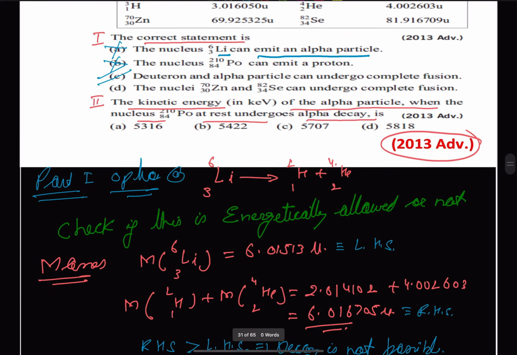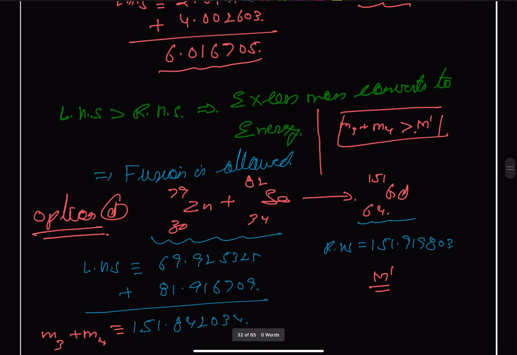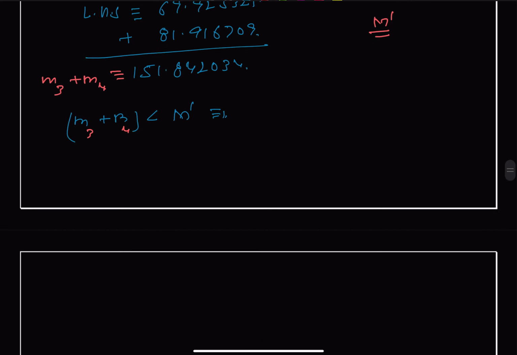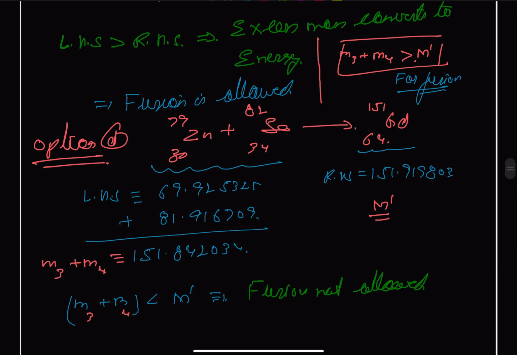Okay, so let me correct myself here, it has to be greater than for fusion, and this is the given condition for fusion. But in this particular case we can clearly see that our M3 plus M4 is less than our M prime, therefore fusion not allowed. So option D is incorrect.